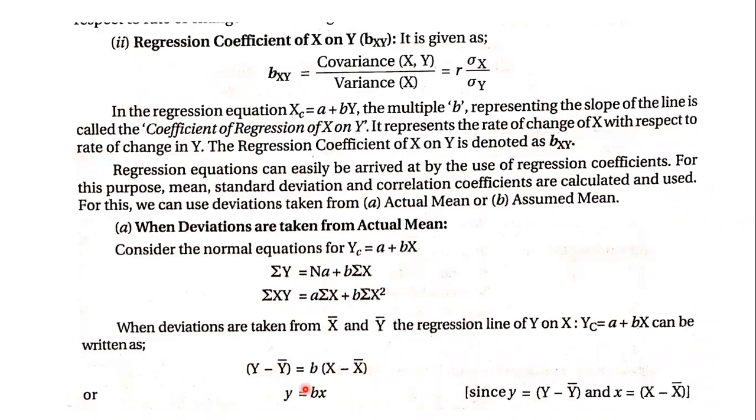So small y is nothing but y minus y bar and small x is nothing but x minus x bar. So they have substituted that y minus y bar is equal to b into x minus x bar. So small y is equal to b into small x. You can see this, right? y minus y bar is nothing but small y. x minus x bar is nothing but small x.